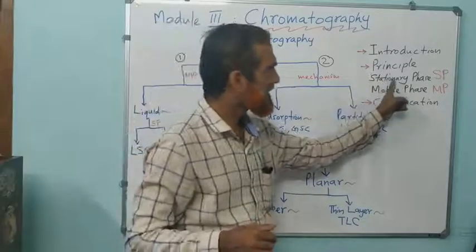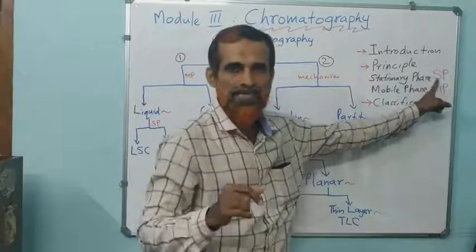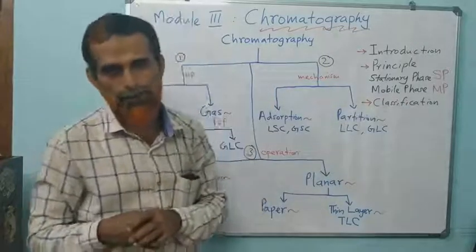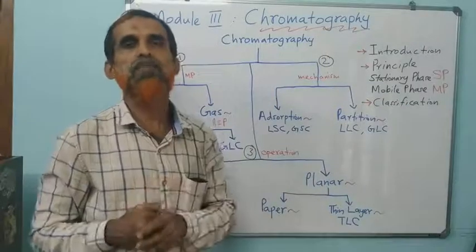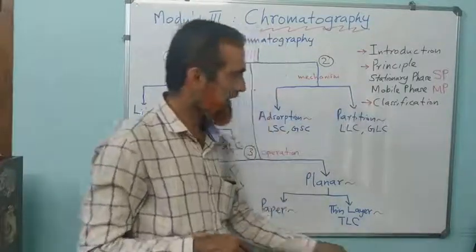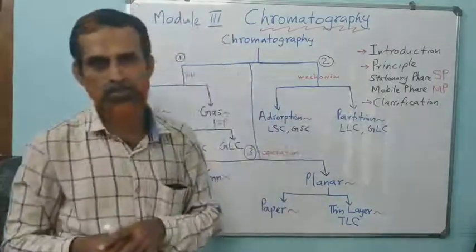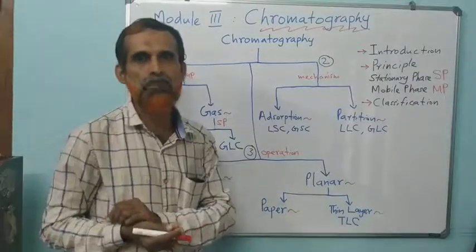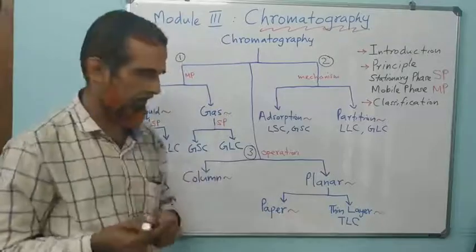One is stationary phase, we abbreviate SP, and mobile phase, that is MP. So two phases are involved in chromatography. This is to be noted. Stationary phase and mobile phase. So to understand the principle, we can consider one type of chromatography, that is column chromatography.